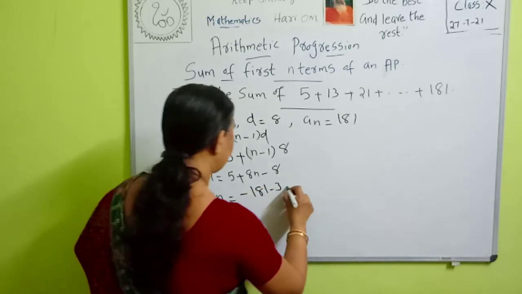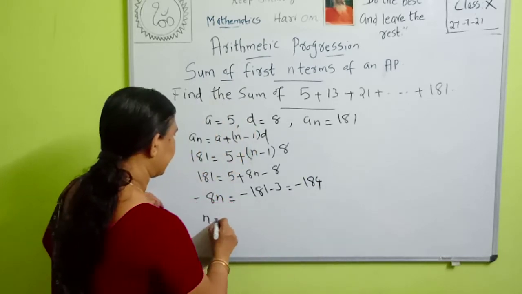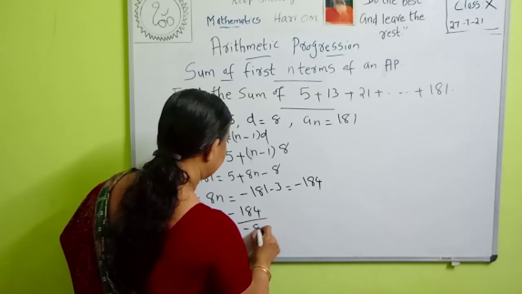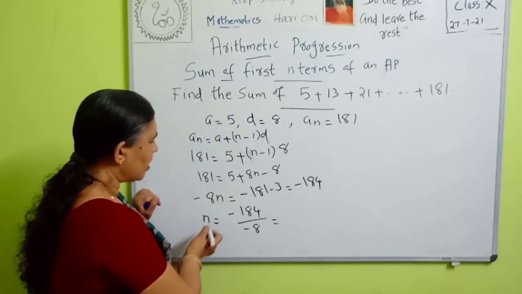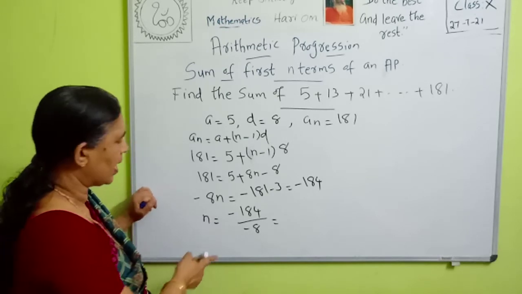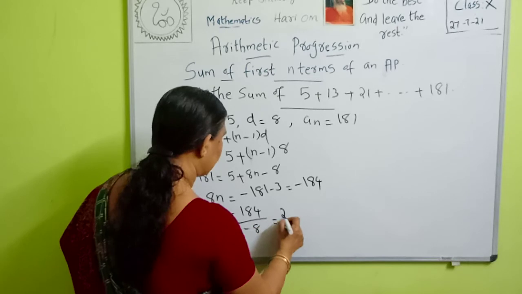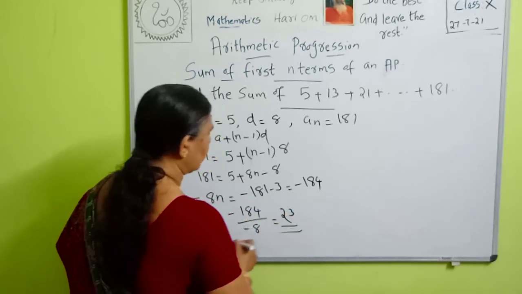That is equal to minus 184. Then what is N? N is equal to minus 184 by minus 8. What is minus 184 by minus 8? Here the answer is positive. 8 3's are 24. So N is equal to 24.